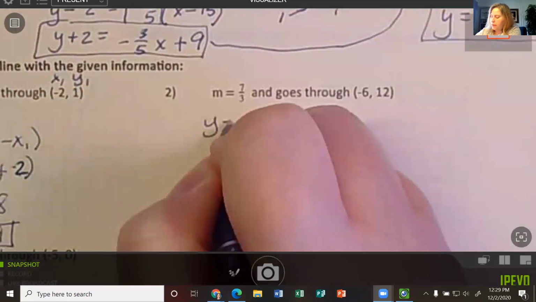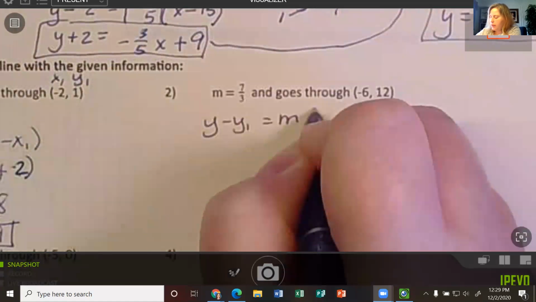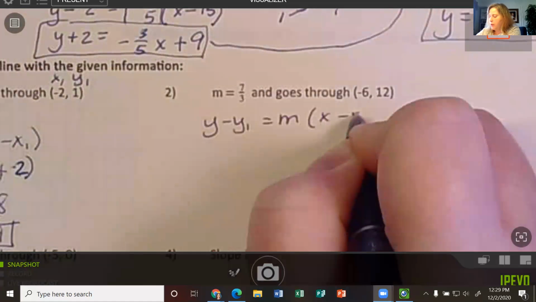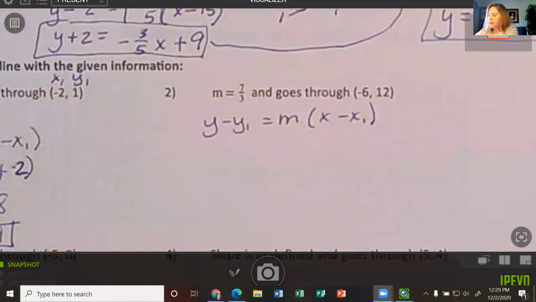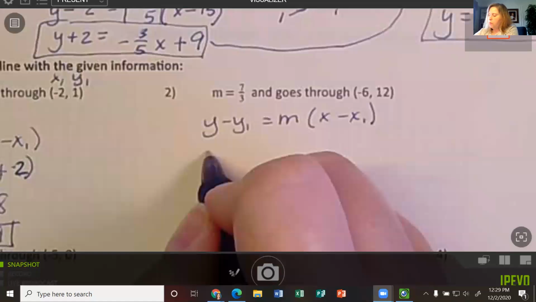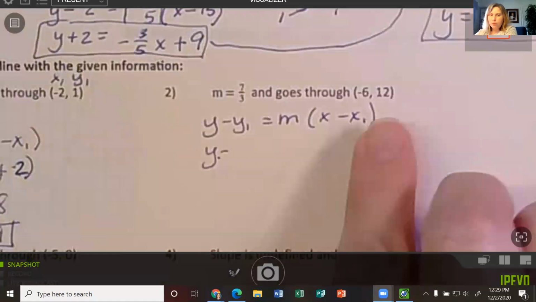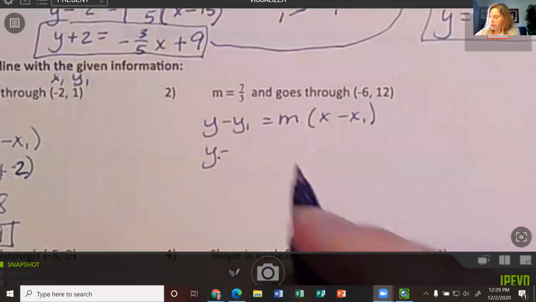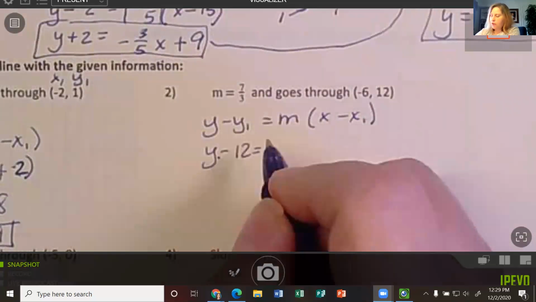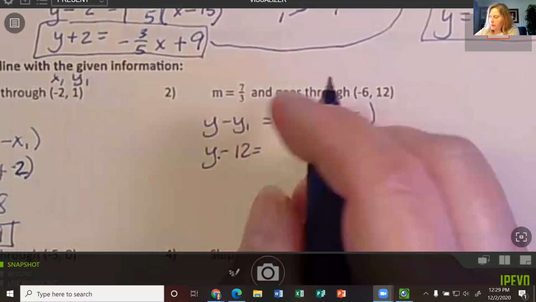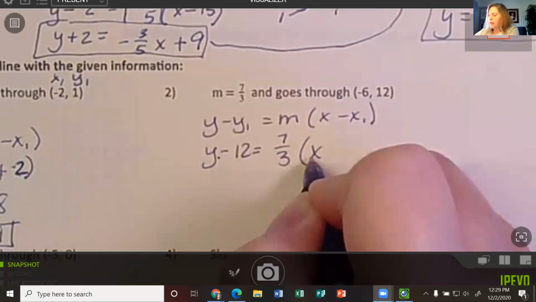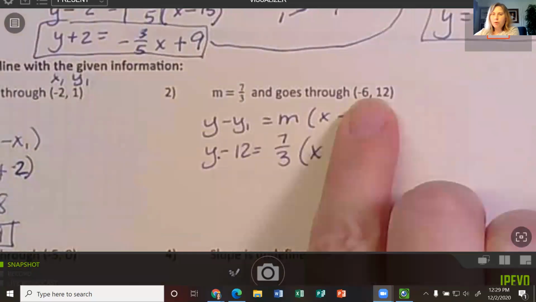So here's our point slope form. Y minus y sub 1 equals m times the quantity x minus x sub 1. And our y sub 1 is 12. So we will have y minus 12 equals m is 7/3. So then times the quantity x minus, and x sub 1 is -6.